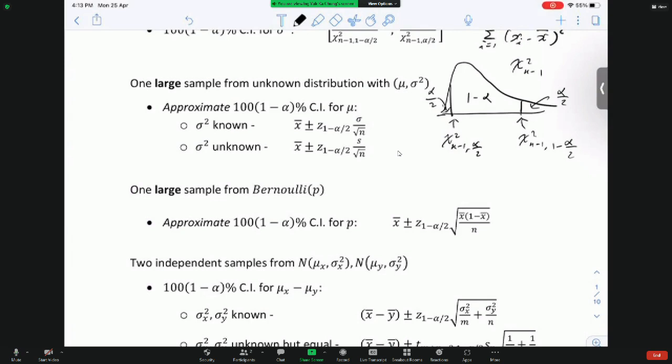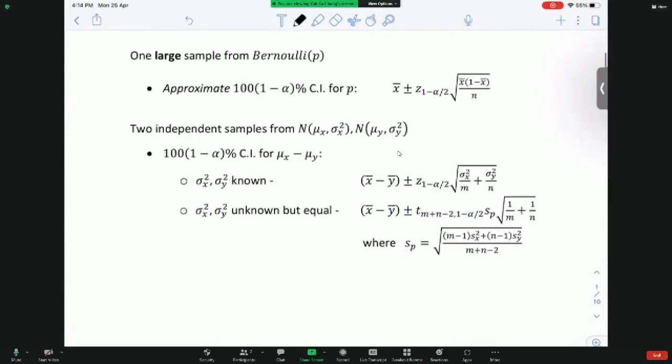But if the population variance is unknown, we simply replace it by S, the sample standard deviation. But this time, we don't need to change to t. The reason is that when the sample size is large enough, t converges to normal, so we can simply use the normal quantile. This is the situation when we are not told that the population is normally distributed.